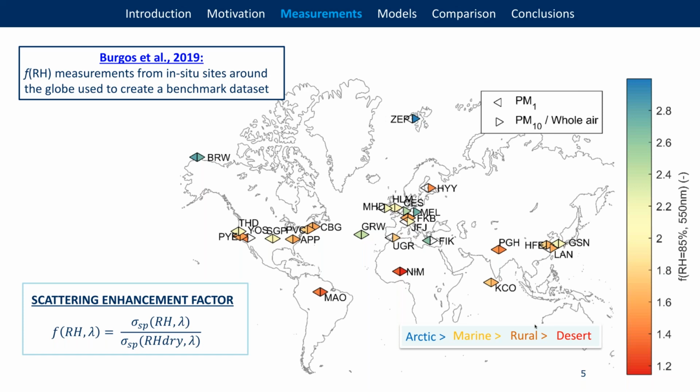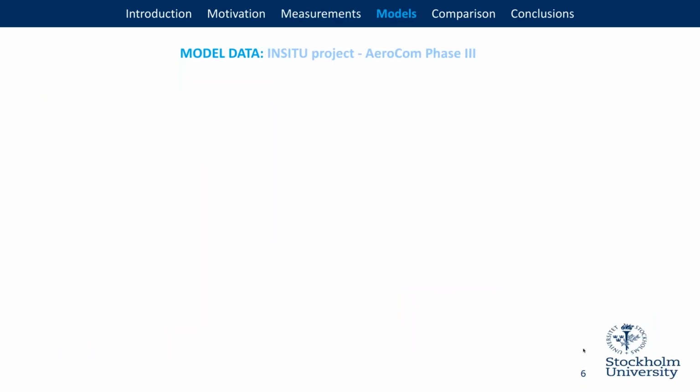We analyzed them in a standardized manner so that we can compare one to the other, and we created this data set. One of our main results can be seen here: the scattering enhancement factor is larger for Arctic and marine sites, and it's smaller for rural or desert sites. So this is about the measurements.